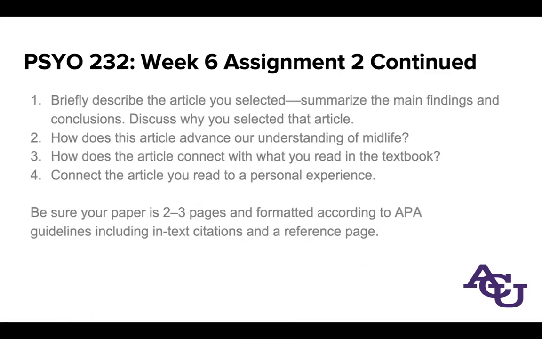Then we move on to the details of the assignment and the questions we need to answer in the 2 to 3 page paper. So briefly describe the article you selected, summarize the main findings and conclusions, discuss why you selected that article. So what is it we need to do most to stay on topic here? Summarize the main findings of that article.